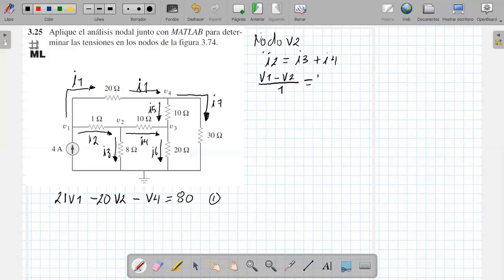The current I3 is V2 over 8. The current I4 would be V2 minus V3 over 10 ohms. Okay, so V1 minus V2 over 1 equals V2 over 8 plus V2 minus V3 over 10.